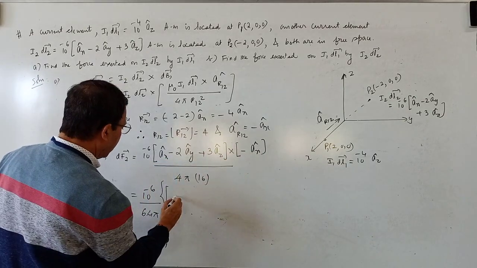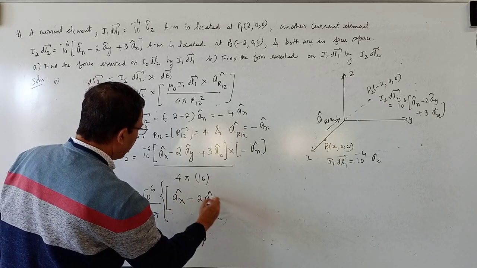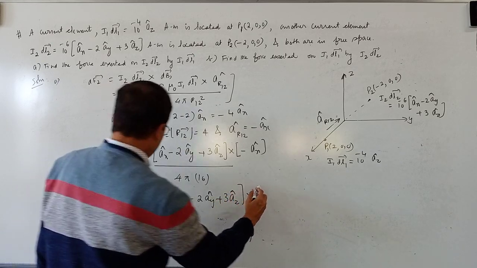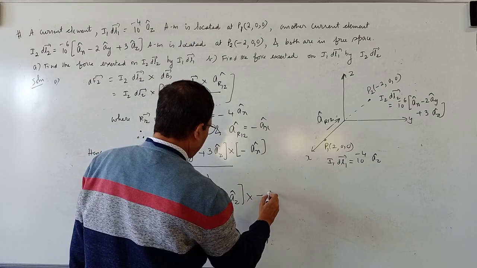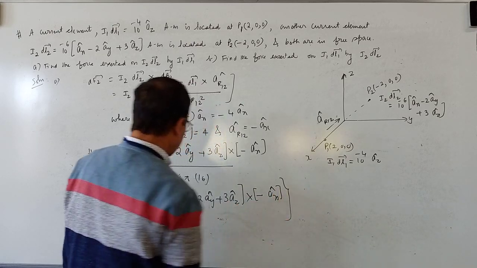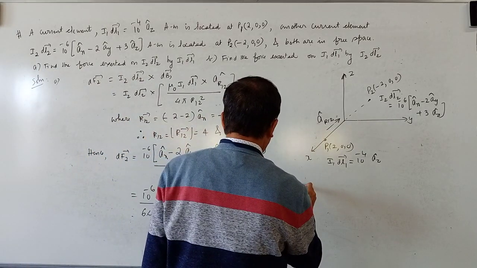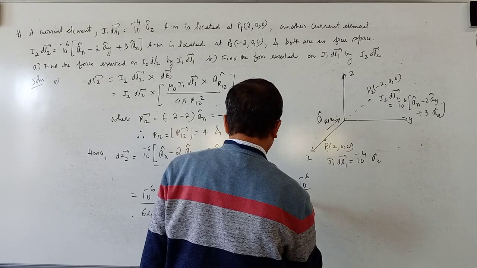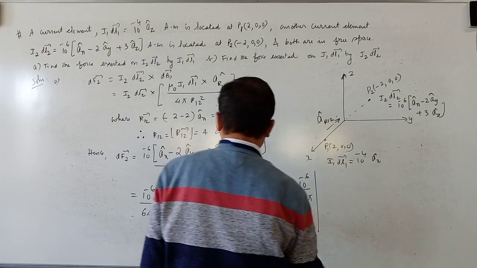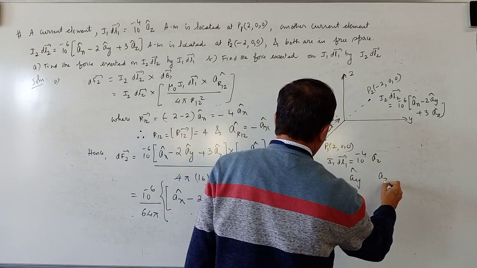of these two vectors. Which are those vectors? Ax cap minus 2 ay cap plus 3 az cap, cross minus ax cap. These are the two vectors. We'll do this cross product by using the rule of determinants. So using determinants, 10 to the power minus 6 by 64 pi, determinant of ax cap, ay cap, az cap.